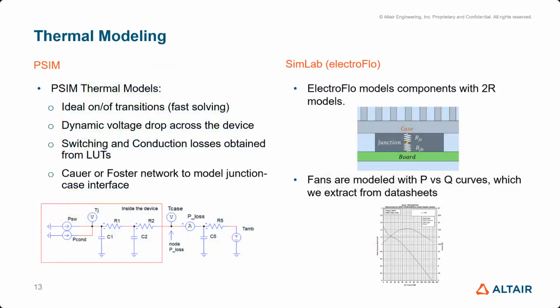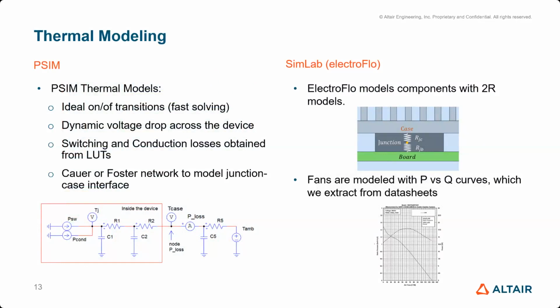Now, I would like to talk a bit about thermal modeling. So how do we model behavior with both tools? On one end, with PSIM, we have our thermal models, which are for our switching devices. These models are ideal. They have ideal on-off transitions, and so they are pretty fast solving.